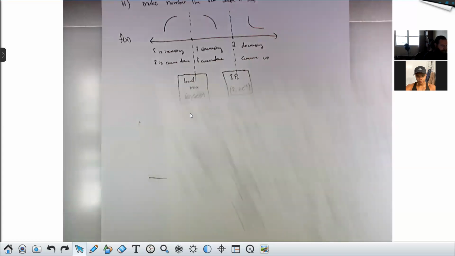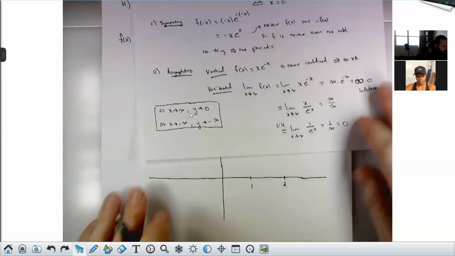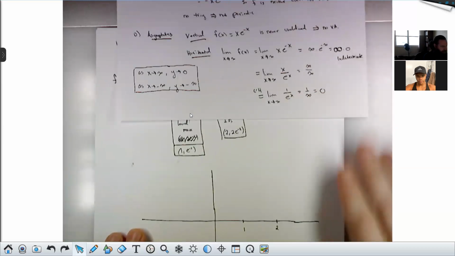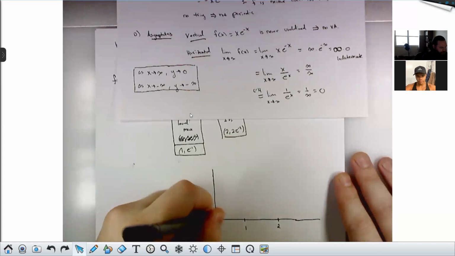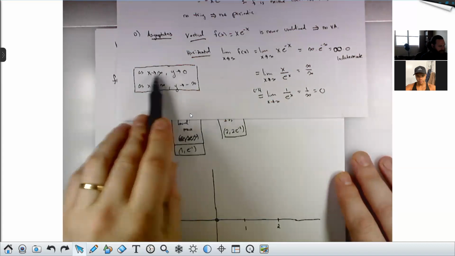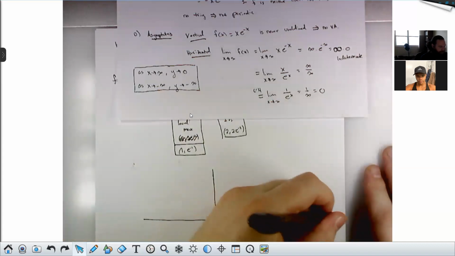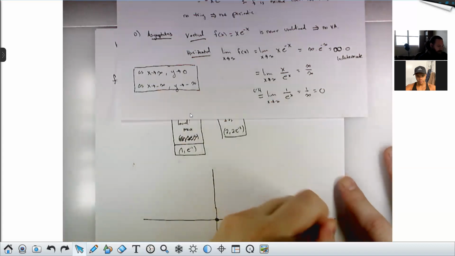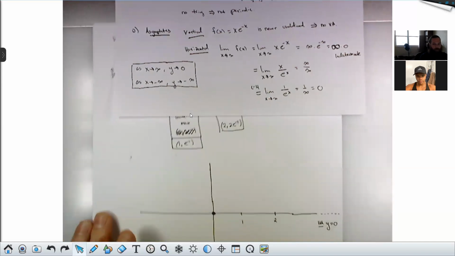The other things that we learned that were important were these asymptotes, right? We know we have an x and a y intercept at 0 here, so I'm going to plot that. And I know that as x goes to infinity, y goes to 0. So I have a horizontal asymptote y equals 0 over here that I'll plot.